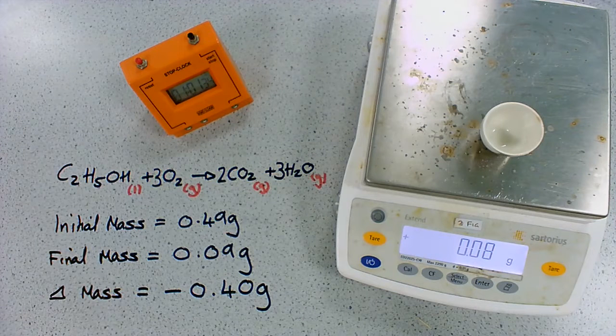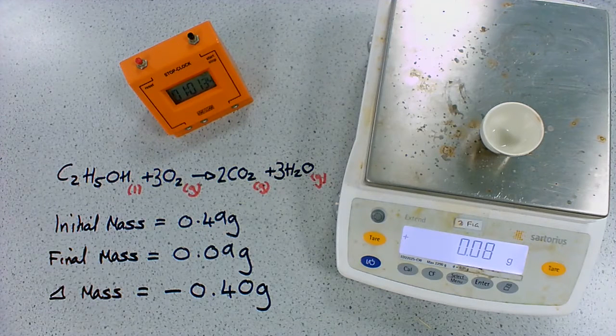And it's simply because this balance doesn't actually measure mass. When we talk about mass, we are usually talking about weight. Weight is the force exerted by an object with mass, depending on the gravitational pull acting upon it.